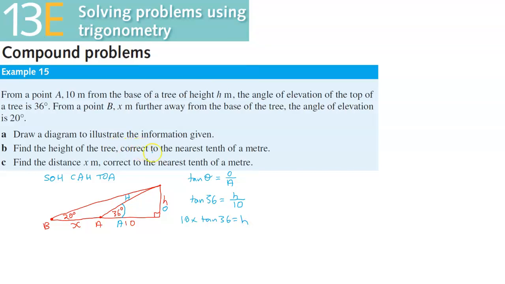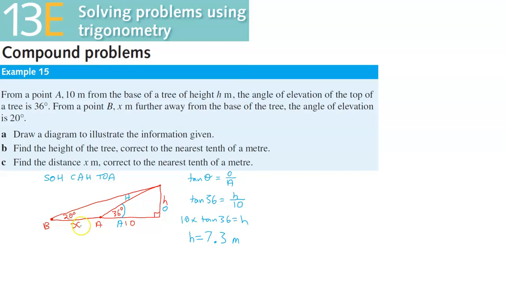And then I'm asked to find the height of the tree correct to the nearest tenth of a meter. So I put that into my calculator and I get h equals 7.3. Remember, the first digit after the decimal point is a tenth. So the height of the tree is 7.3 meters.